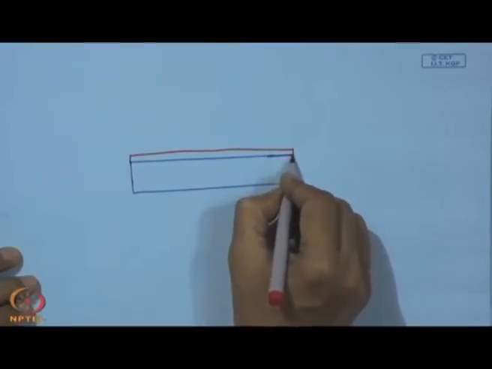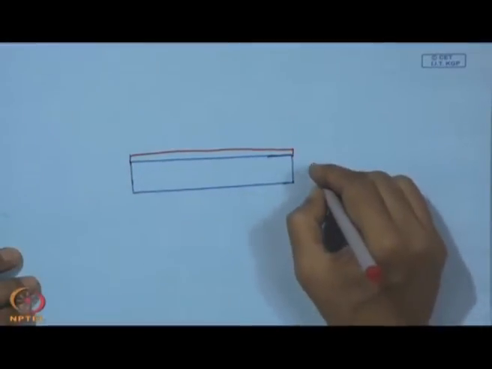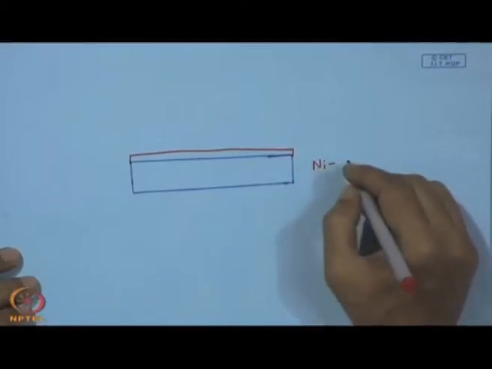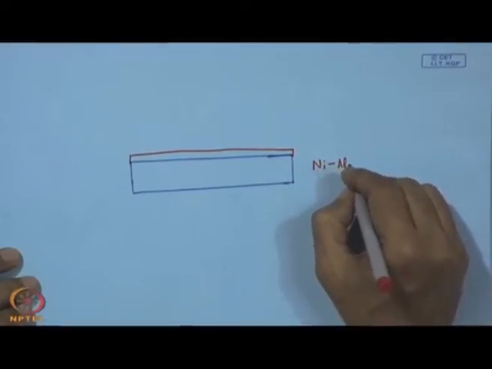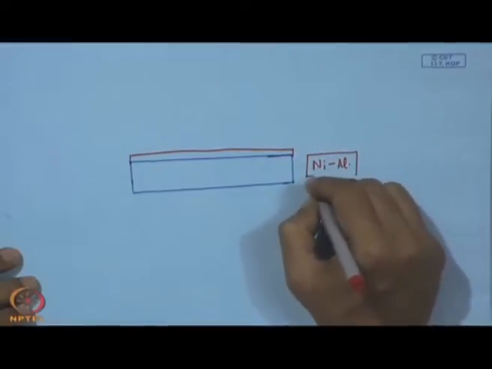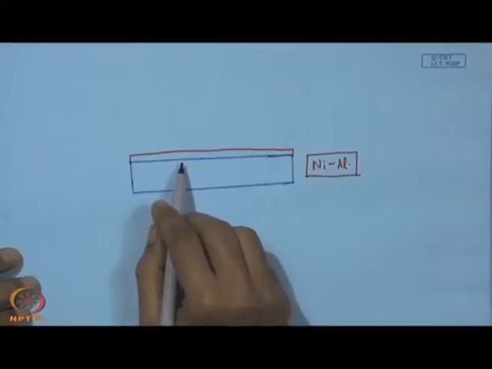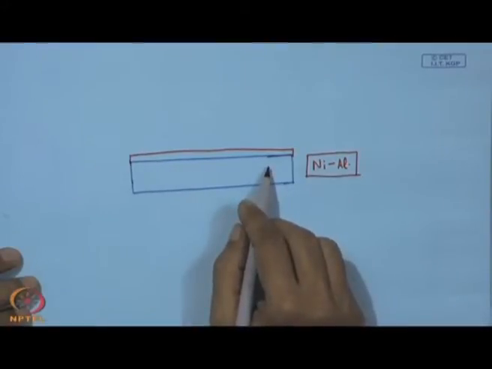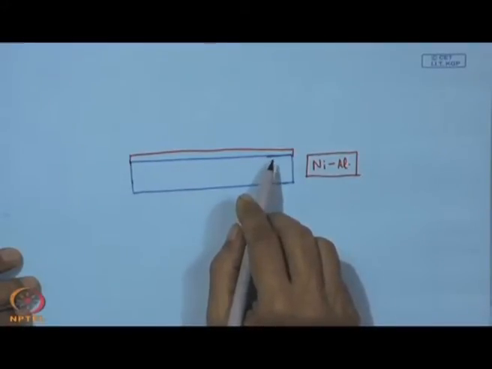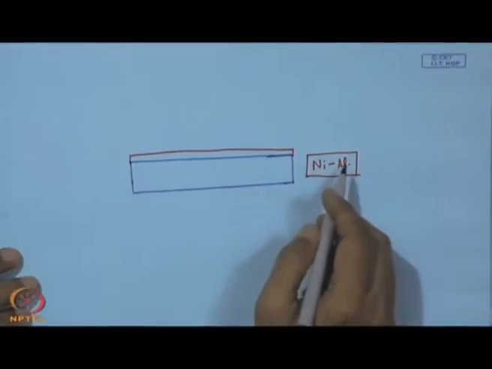This is actually a metal coating, and this can be a nickel aluminide that is put over this surface. So, number one, this nickel protects this surface against any possible oxidation, and then we have aluminum on this side.